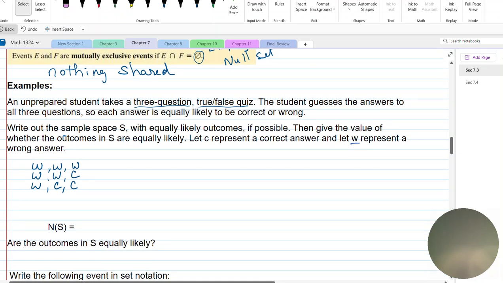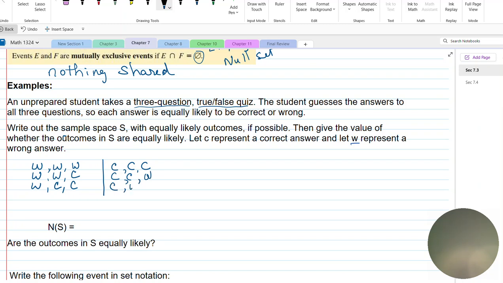Then we could have correct, correct, wrong, correct, wrong, wrong.